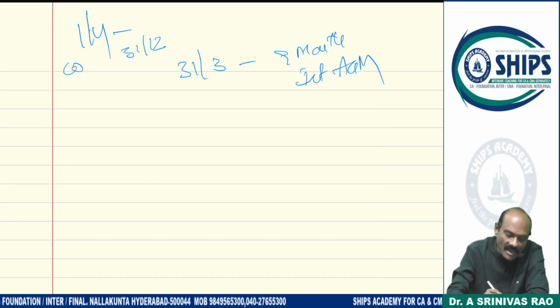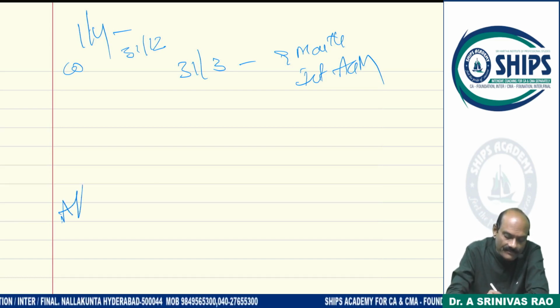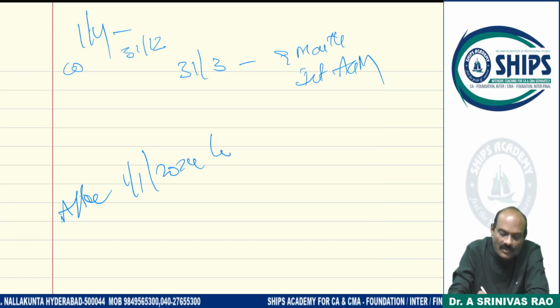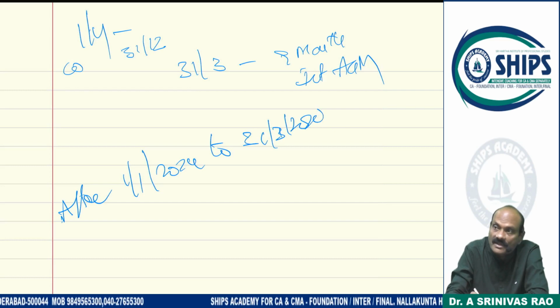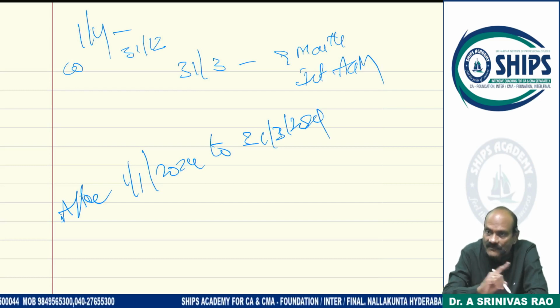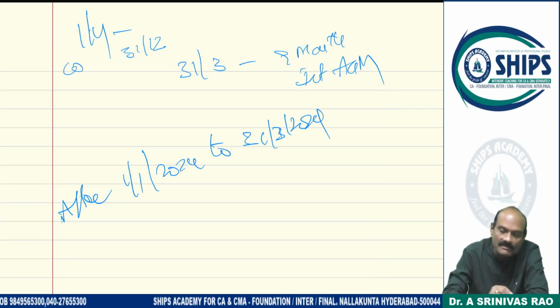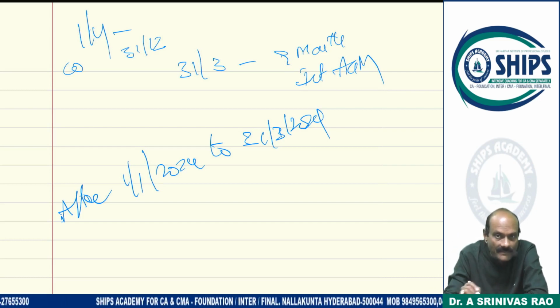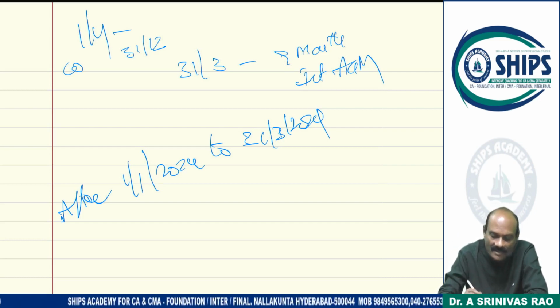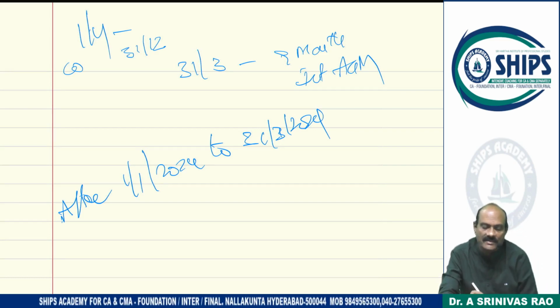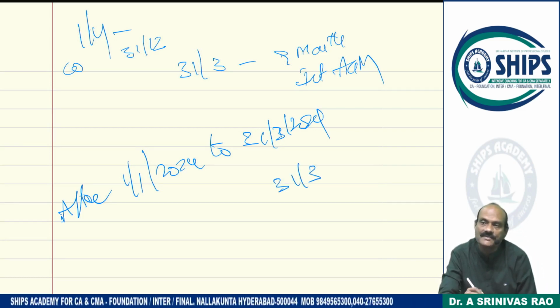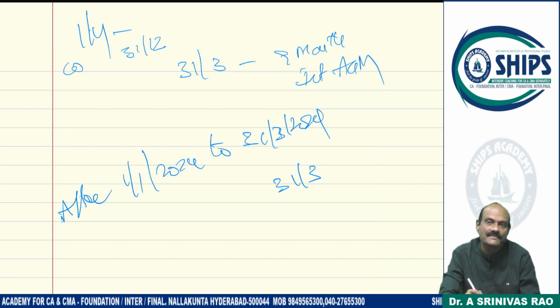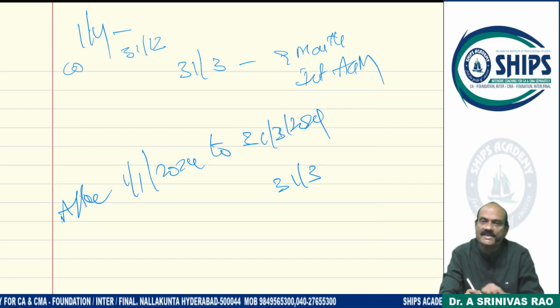What about a company incorporated after 1st January 2024 to 31st March 2024, the last fourth quarter? Their books of accounts will also be closed by 31st March, but only 3 months.